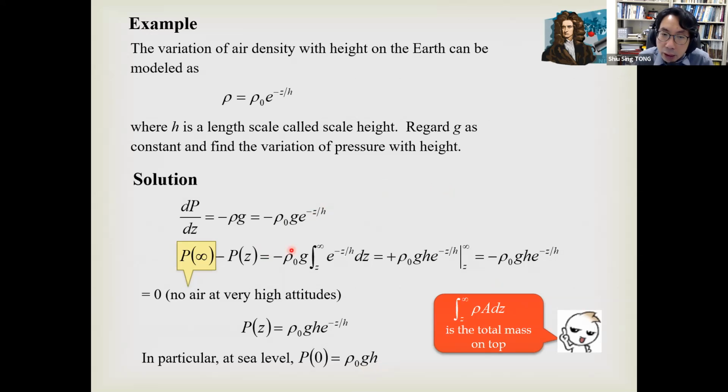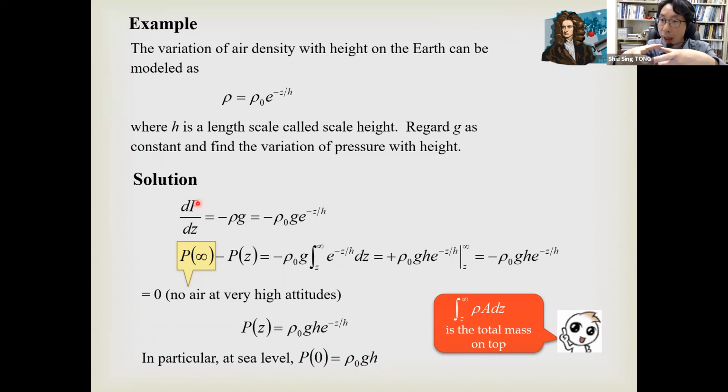Now, what does the integration actually mean? If you multiply this equation on both sides by A, the pressure multiplied by the area, you imagine a cylindrical area extending from the height z to infinity.